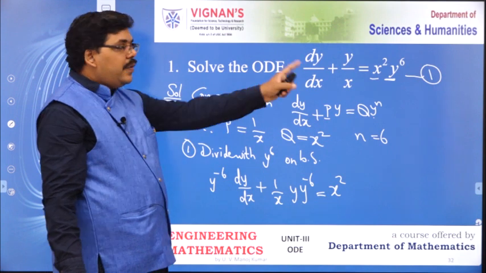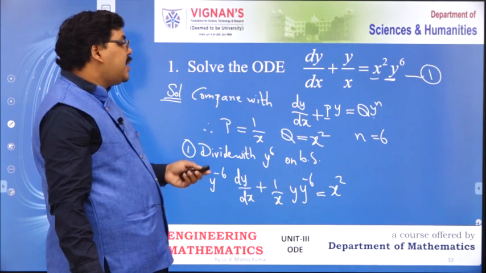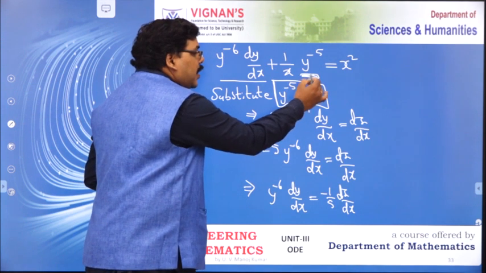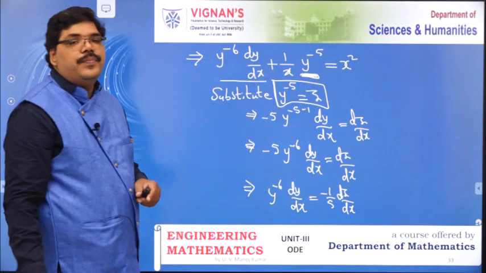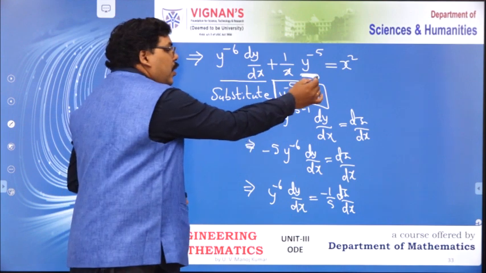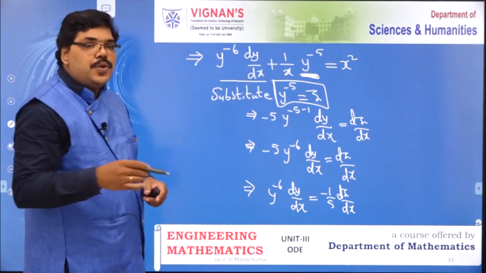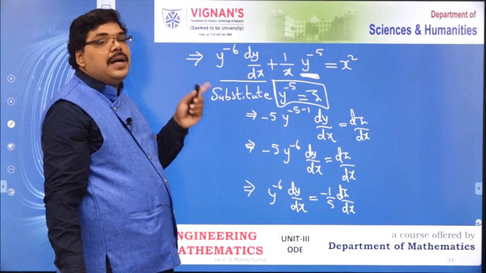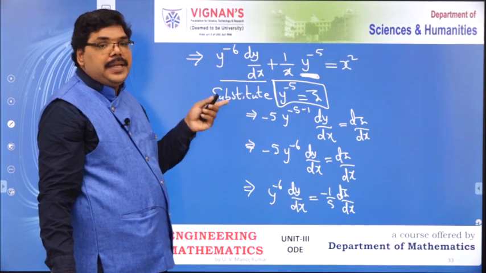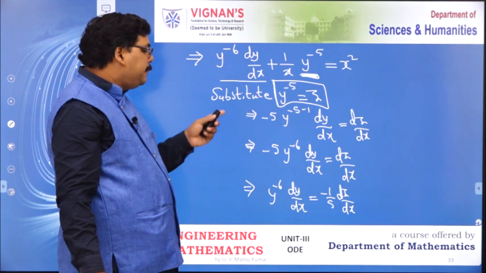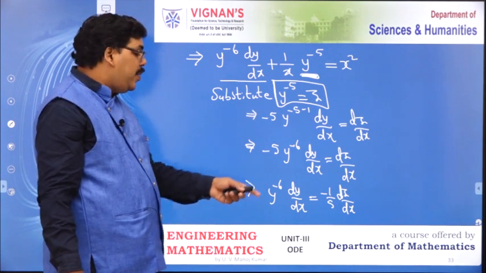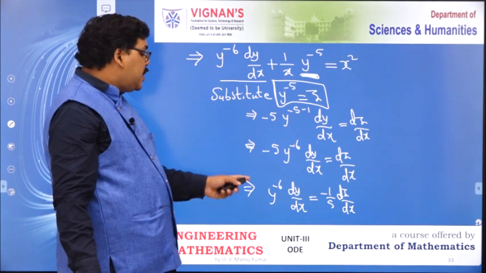First step is to divide with y power 6 on both sides. Second step is this term should be taken as z. What is this term? After dividing, the coefficient of p should be taken as z. So that substitution gives us a relation in dy by dx and dz by dx.